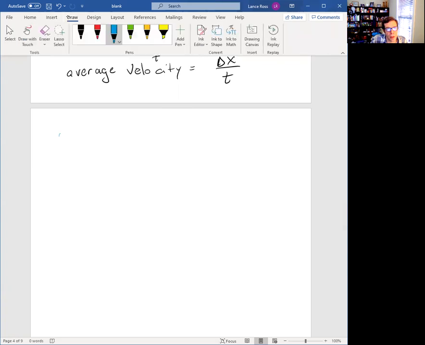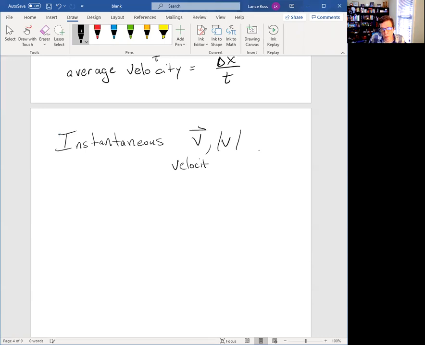Switch my pen back. I might try to be consistent on my notation here. Velocity is just a vector v, and speed is the magnitude written that way.